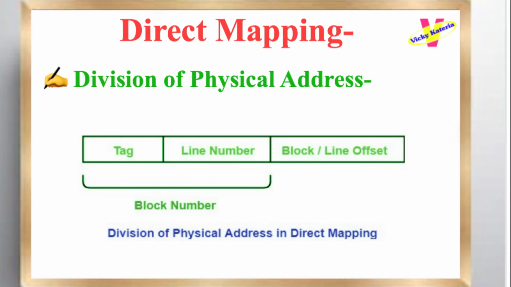Division of physical address. In direct mapping, the physical address is divided as tag, line number, and block offset. Tag and line number are combined, and is called block number.